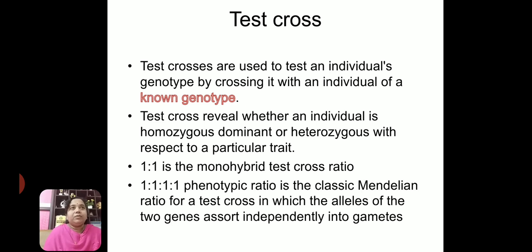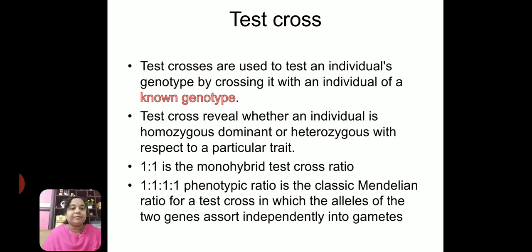We can't know whether that yellow seeded plant has the genotype capital Y capital Y or capital Y small y. In order to find which genotype is correct for the yellow seeded plant, we have to cross that F1 with another individual whose genotype is known.